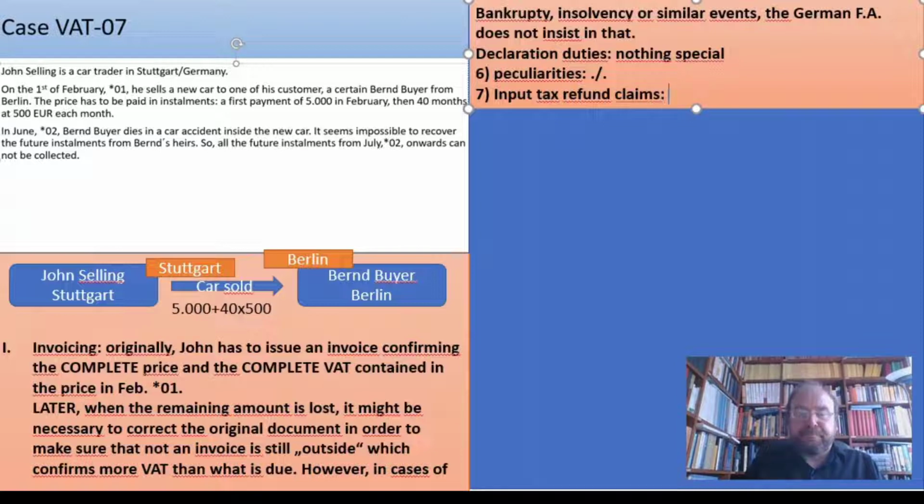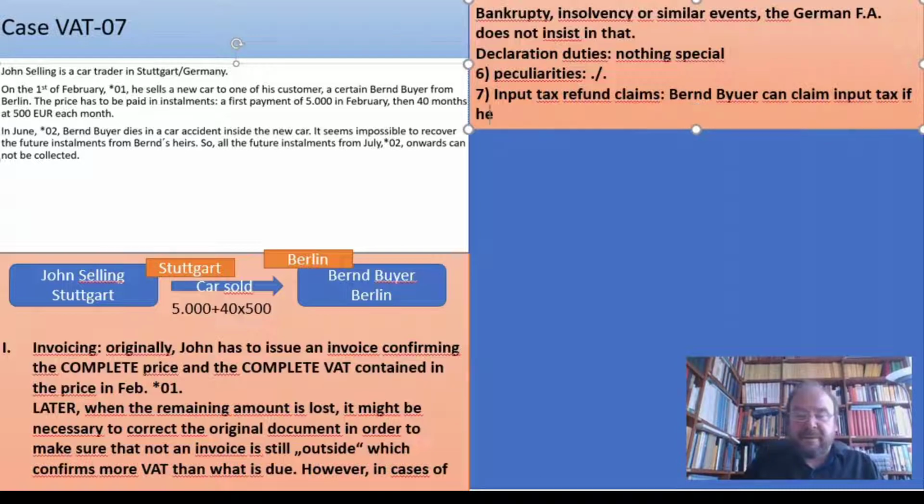And input tax refund claims. The buyer can claim input tax if he uses the car for his own enterprise.